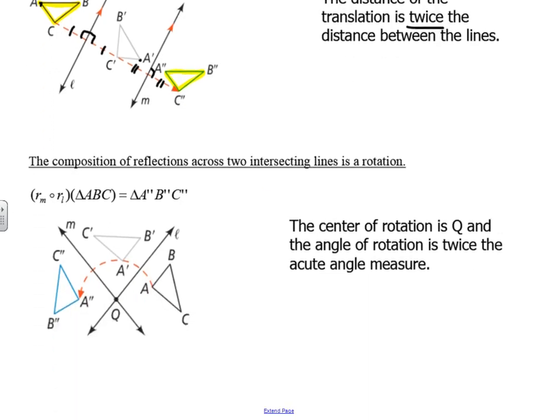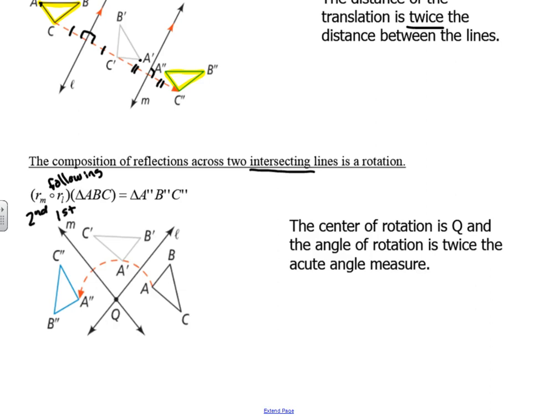All right, another special case is the composition of reflections across two, here's the keyword, intersecting lines is a rotation. So again, we have a reflection in the line M following a reflection in the line L, and this is our first one, and this is our second one. Let's look here.